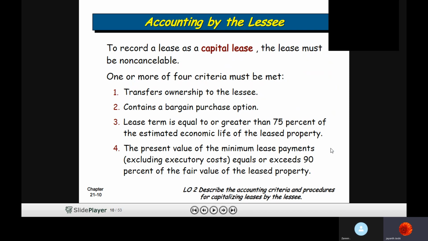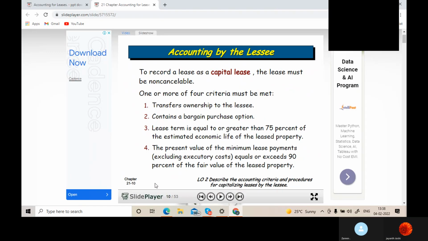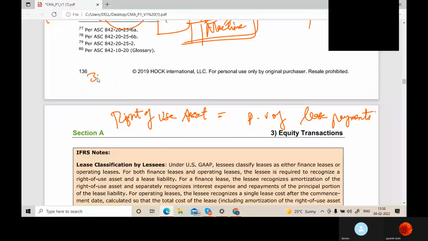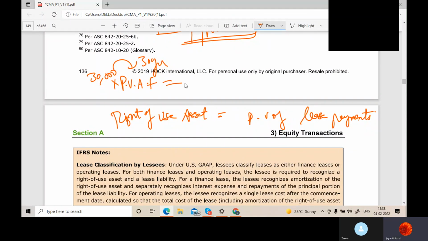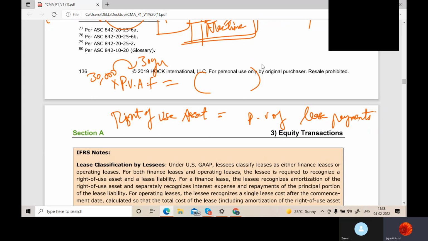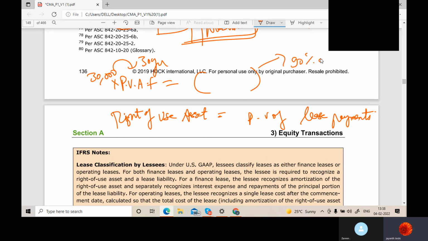Suppose the lease amount is 30,000 and you are going to pay for 30 years. So you can take the present value annuity factor and find out the present value as of today. That should be at least 90% of the fair market value of the asset as of today.